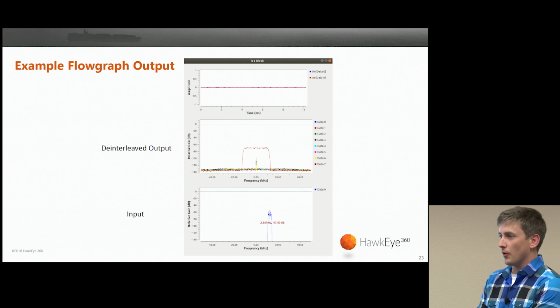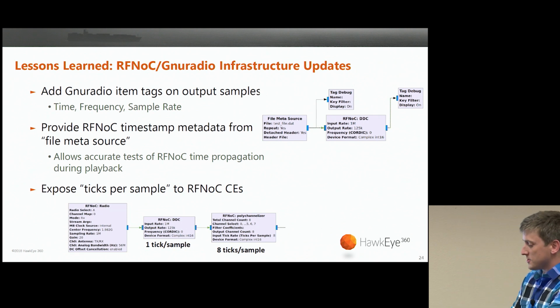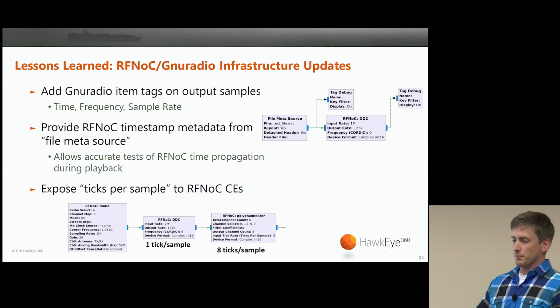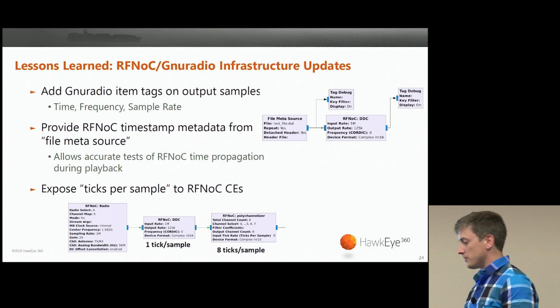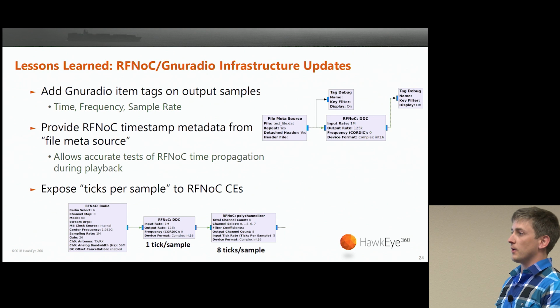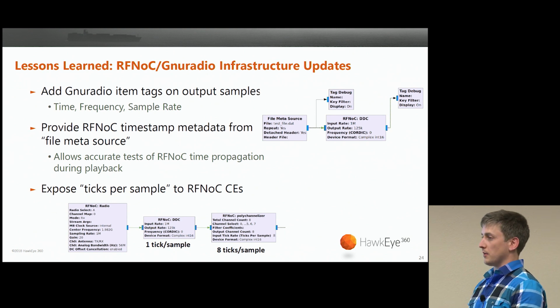Okay, so now I want to pause a second because the channelization and the timestamping is actually fairly straightforward. So what are a few lessons that we learned from the RFNoC GNU Radio infrastructure cohesion that supports this? Well, first, with the USRP devices, if you try and stream something, you get a time tag, frequency, and sample rate.